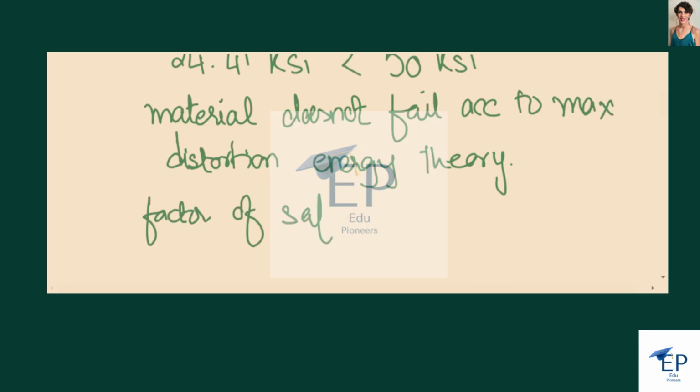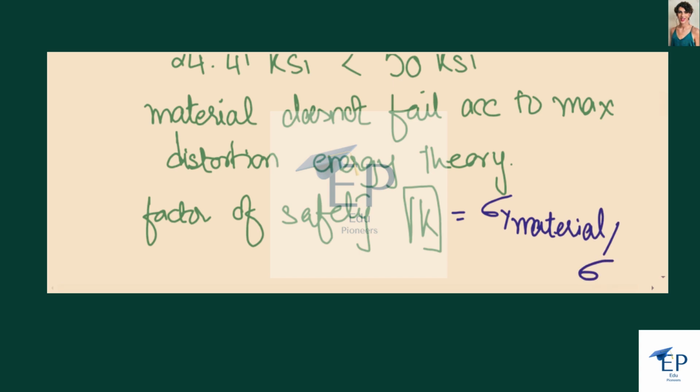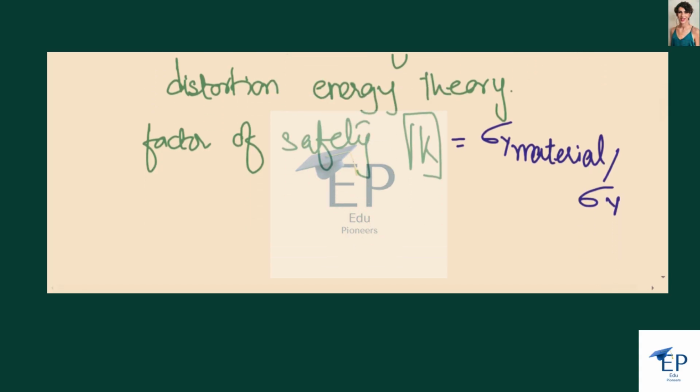And so it means that we can find out our factor of safety. In this case it would be k, and this k is the ratio of the maximum yield stress the material can endure to the one enduring it. So it is sigma sub y of the material divided by sigma sub y. Just plug in the values.